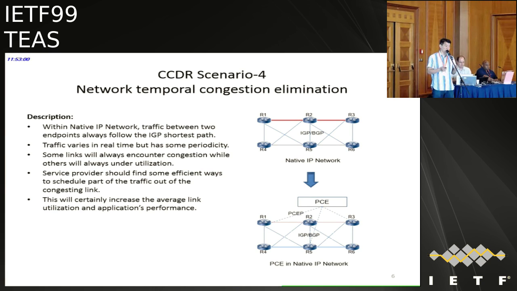For example, during the busy time from 7 p.m. to 9 p.m., congestion happens in some links, but a lot of links are not so busy. So we want to use CCDR to steer traffic from the congested link to uncongested links to increase the whole link utilization in service providers' networks.